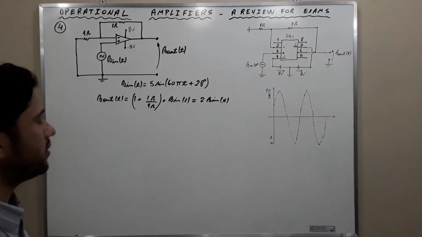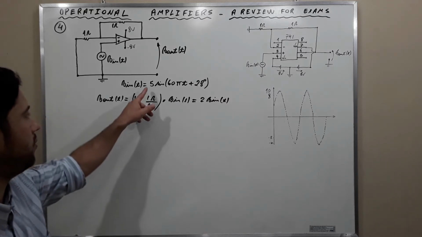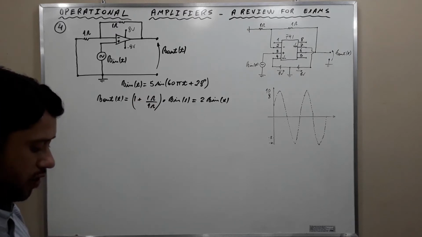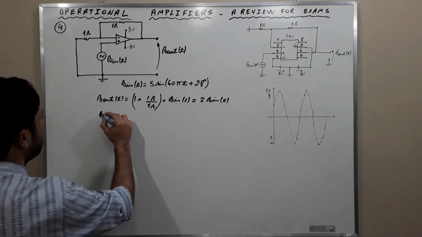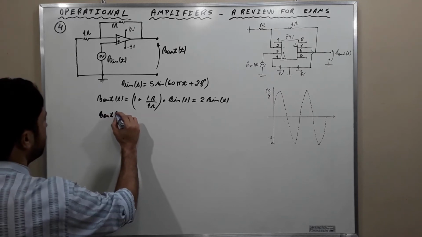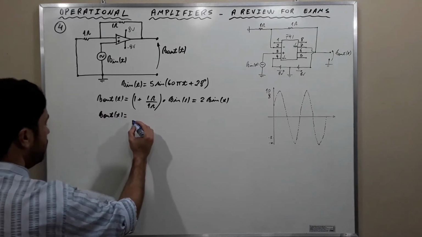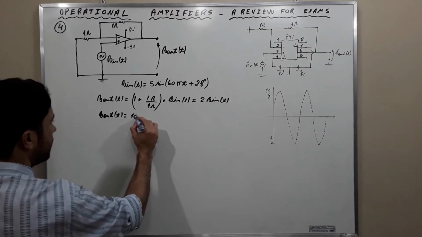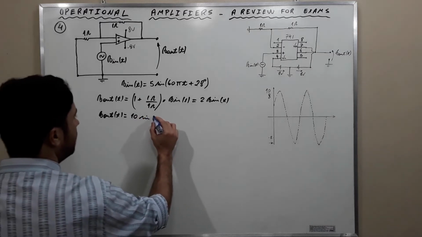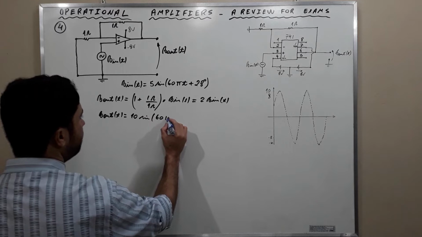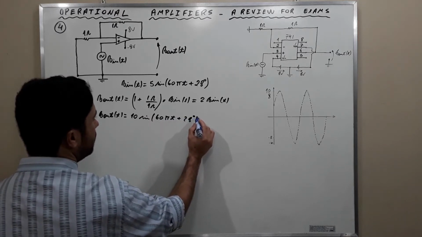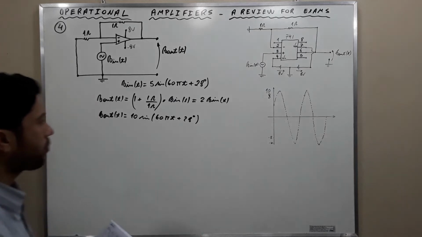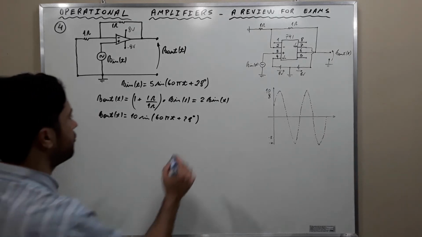And the exercise stated that V in is this. Then for us here, V out will be equal to 10 times the sine of 60 pi t plus 28 degrees. And this is voltage.